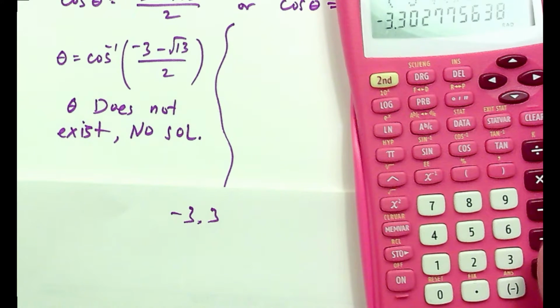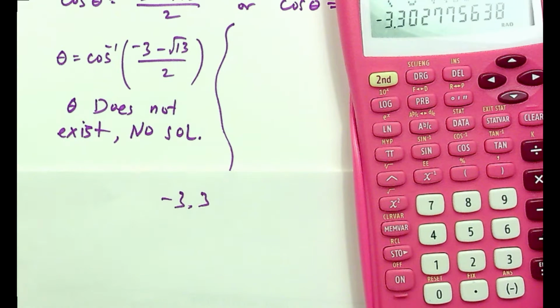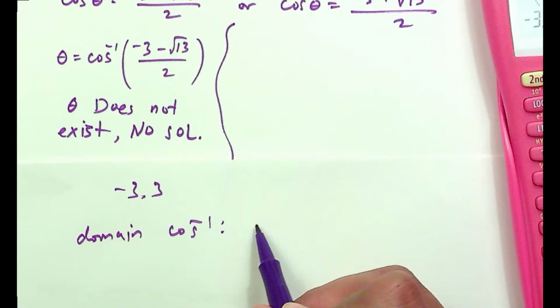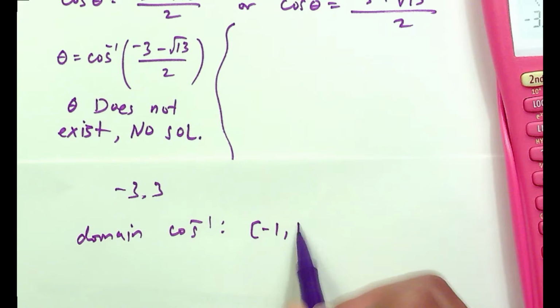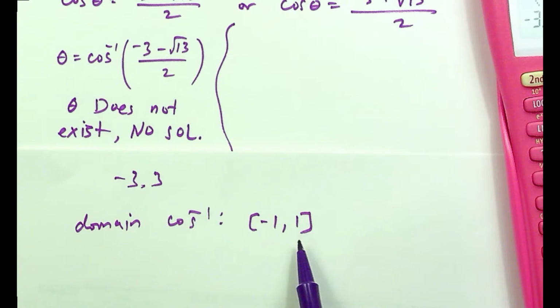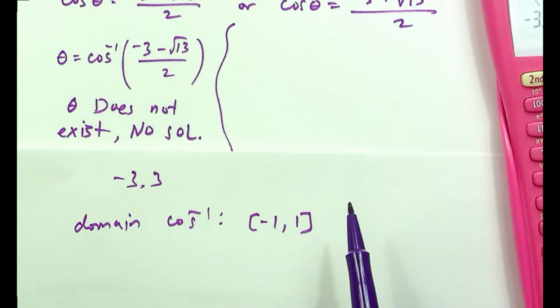Now, you can only put inside cosine inverse numbers that are between -1 and 1. So the domain of cosine inverse, if you remember from that section on inverse trig functions, is between -1 and 1. That means that if you try to plug in numbers that are not between -1 and 1, they're not in the domain, so it's nonsense, right?